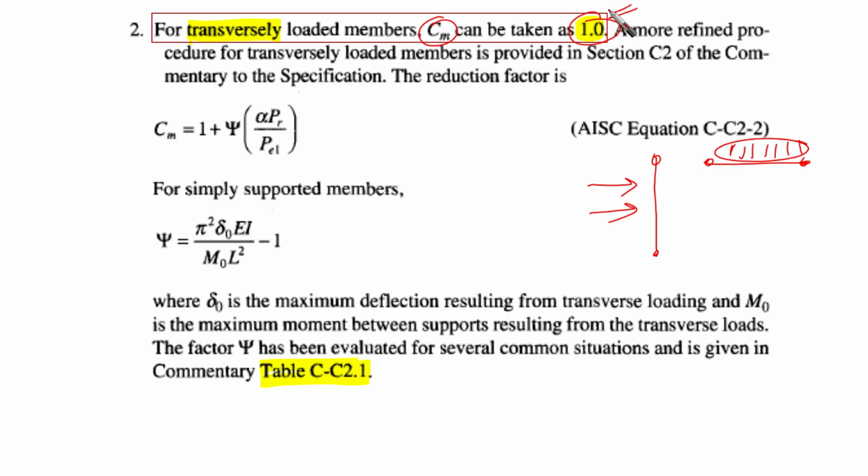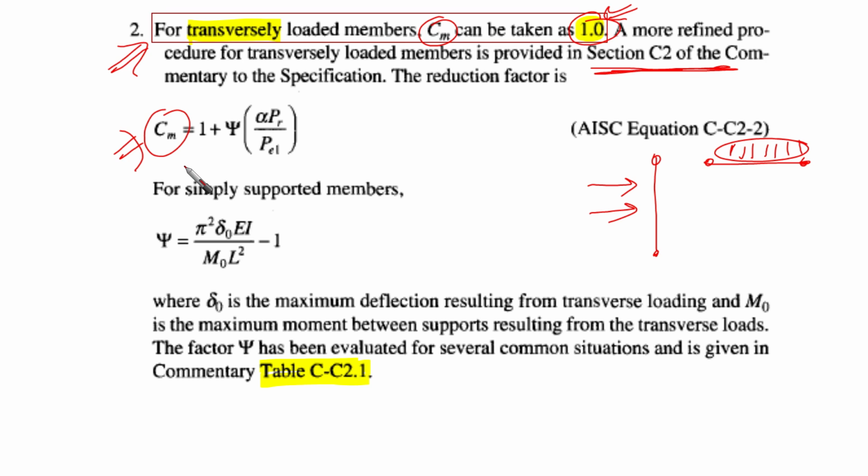So conservatively you can take it as 1. Otherwise, a more refined procedure for this case is provided in section C2 in the commentary to the specification. So Cm is going to be reduced. So conservatively you can take it as 1. This is better for you if you need to have a quick judgment on the member.